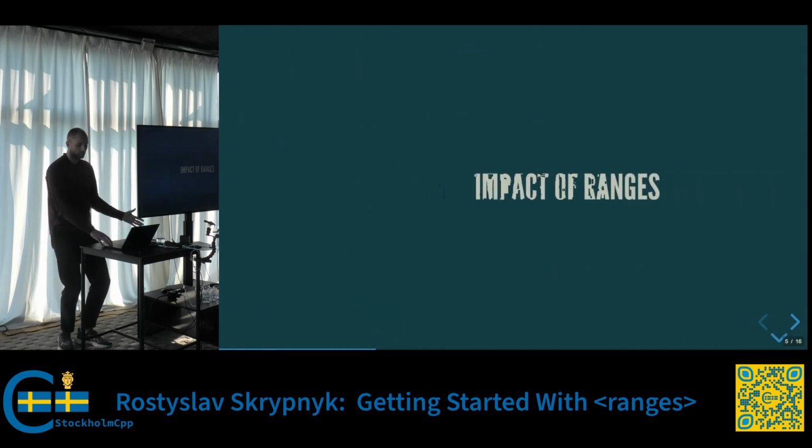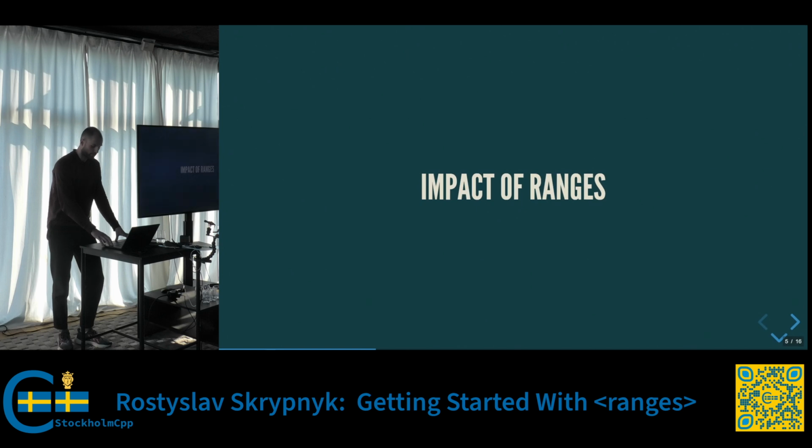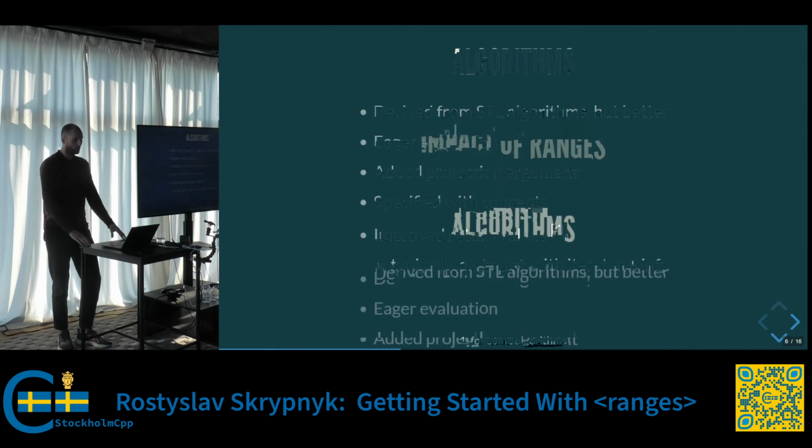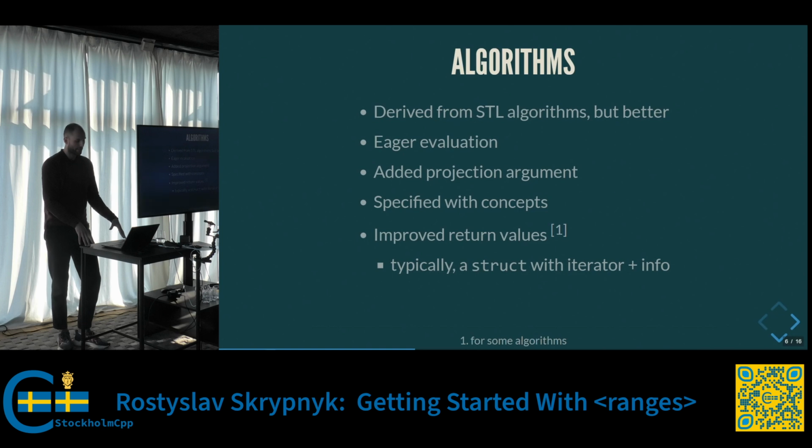So what does it bring us? What do ranges give us? They are derived from STL algorithms, but better. They do eager evaluation as opposed to lazy evaluation. Maybe you've heard about lazy evaluation, and we will talk about it when we come to the views. They added the projection argument, which we will see shortly.